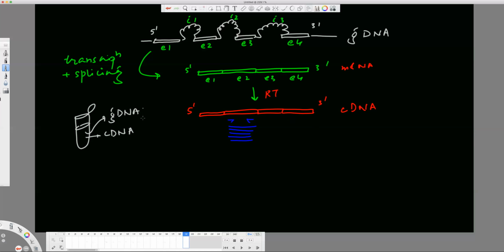So if this is the case, what will happen when you perform the PCR? The same primers which are binding to cDNA in exon 2, this is your exon 2, can also bind to genomic DNA over here. The same primer pair can hybridize to genomic DNA and start amplifying it, which we don't want.